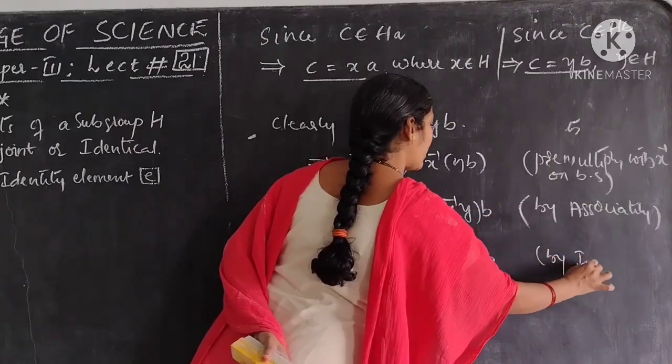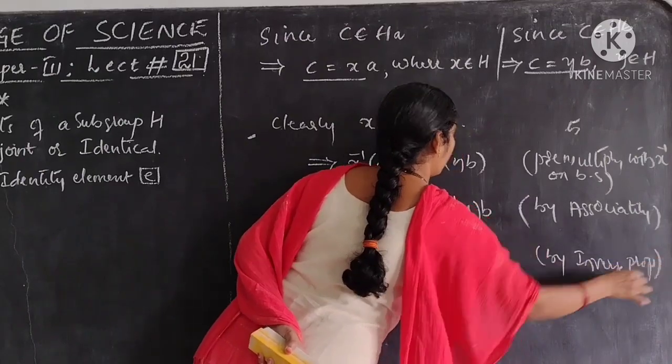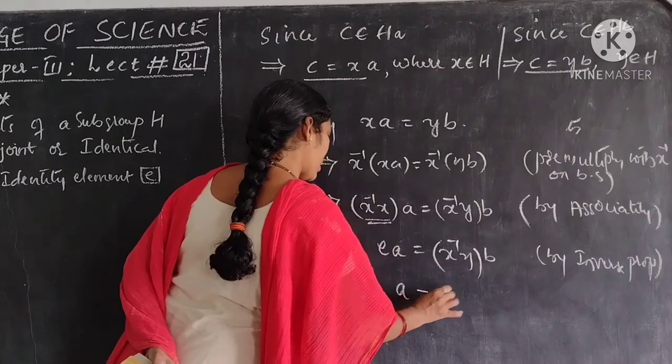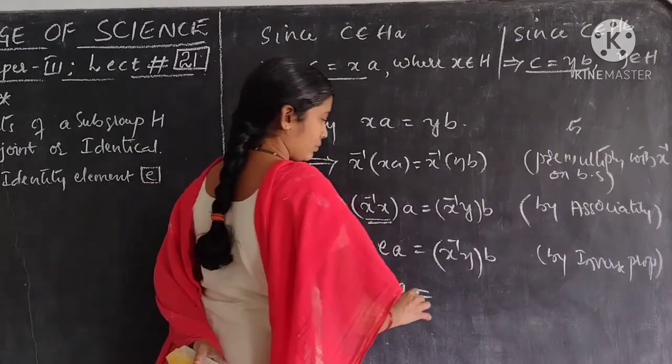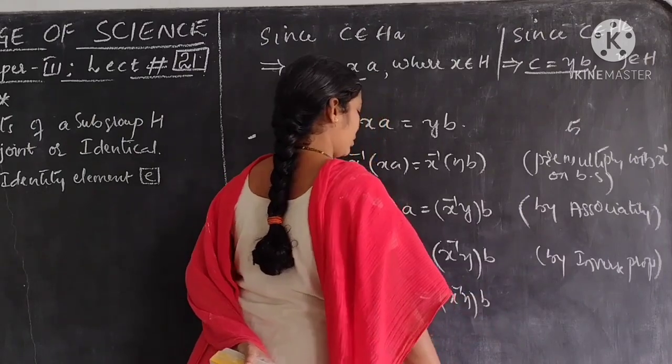By the inverse property in the subgroup, E being identity, E dot A is equal to A. This is equal to x inverse y into B.